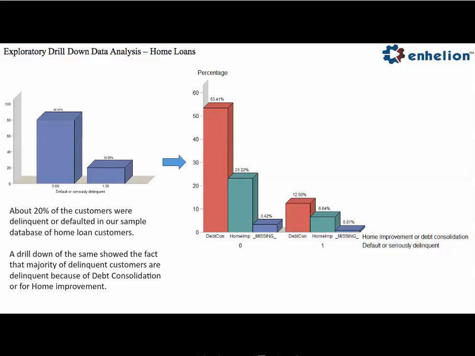This kind of slicing and dicing is quite necessary and important for business managers to make a decision. If I ask what the different reasons are why defaulters have taken the loan, that reason can be an indication for me to decide whether a future customer will default or not.